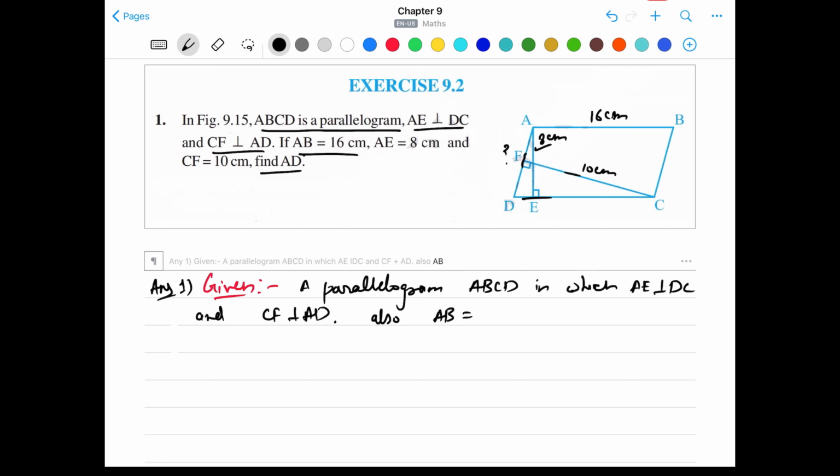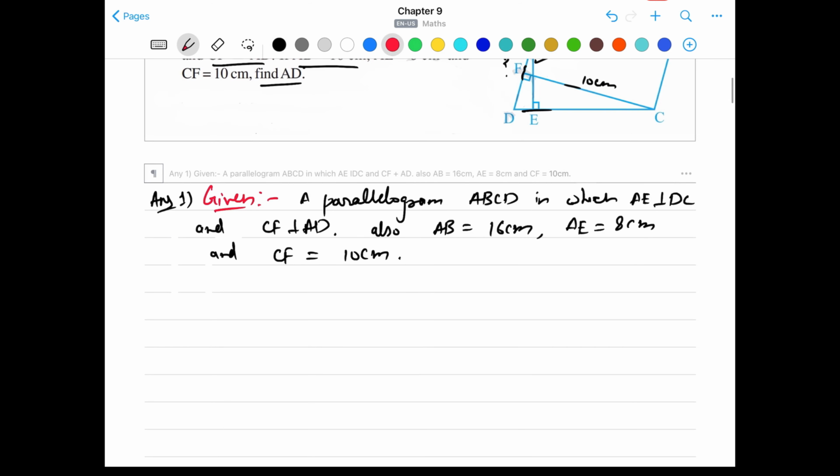Also AB is equal to 16 centimeter, AE is equal to 8 centimeter, and CF is given as 10 centimeter. What we have to find here is the length of AD. Let's start its solution.